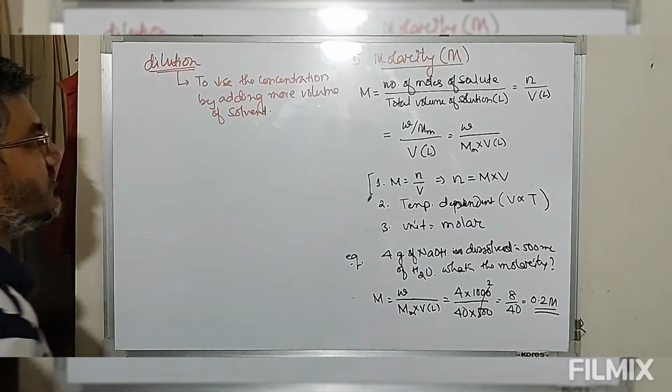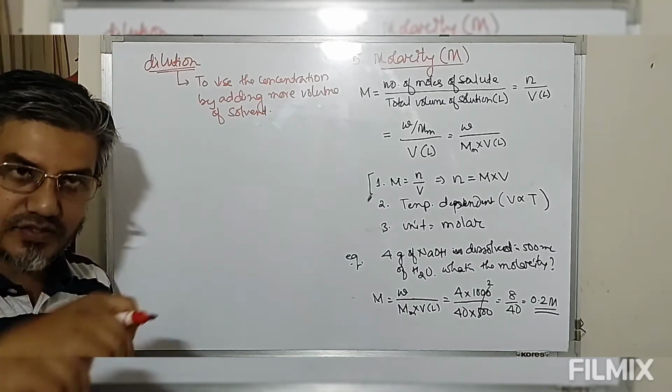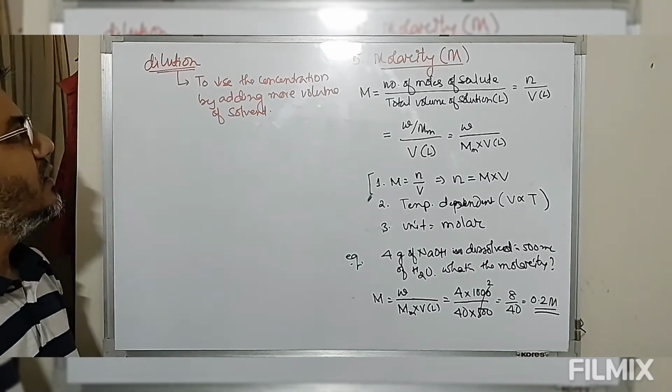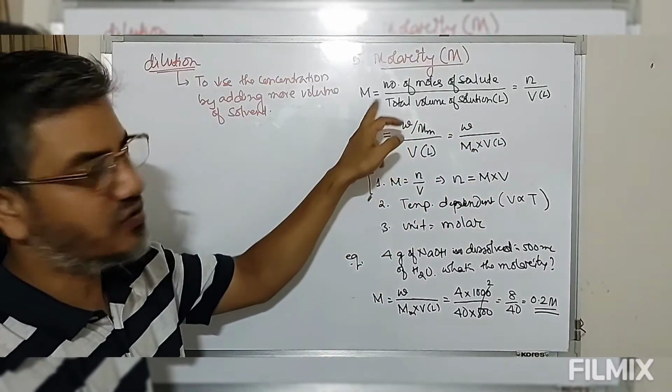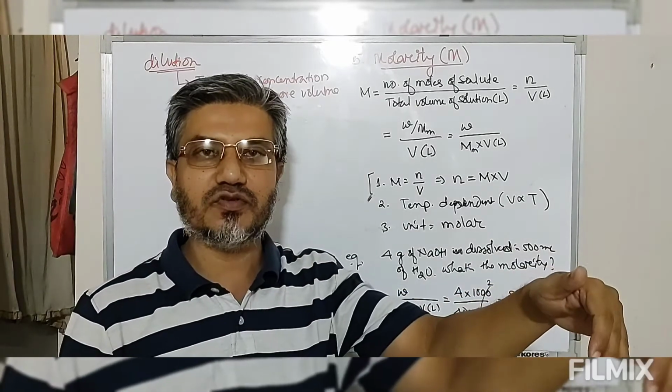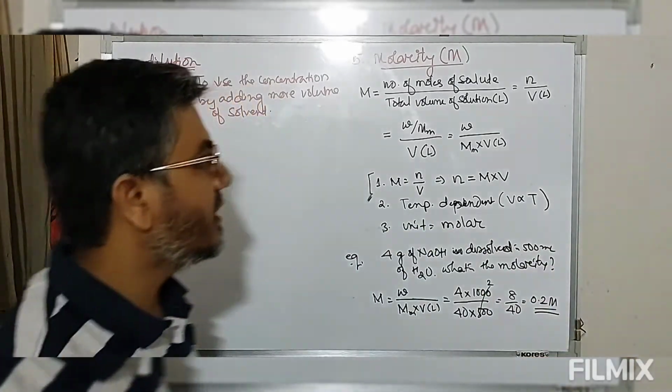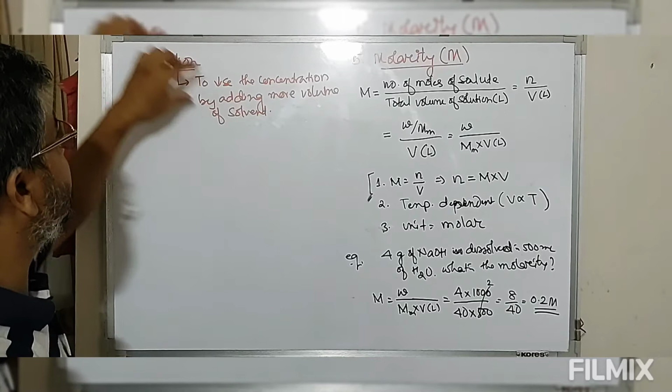So we are increasing the volume of solution by adding extra solvent. If the volume of solution is increased, then the molarity will decrease. This decrease in molarity of the solution by increasing the volume of solution is known as dilution.